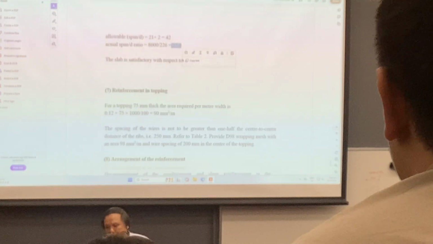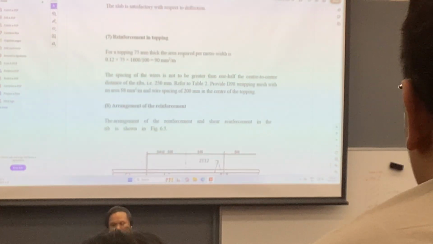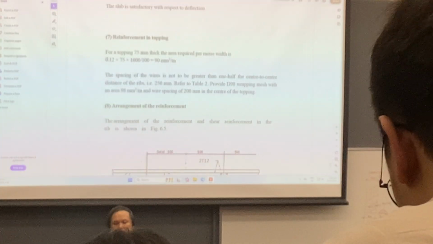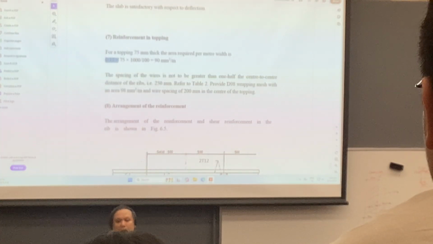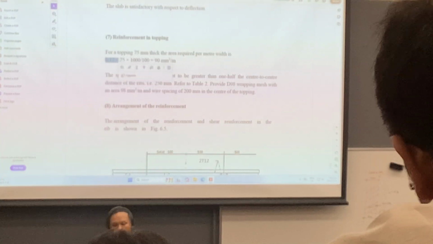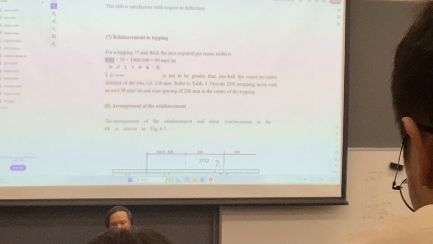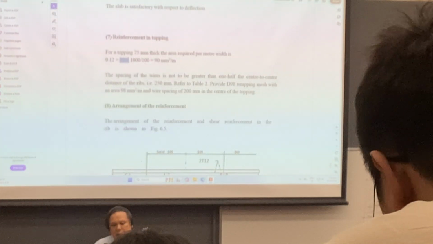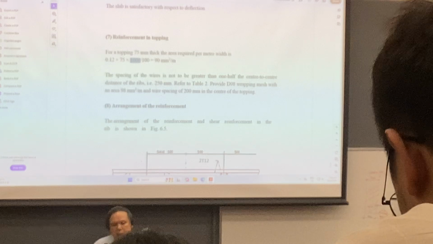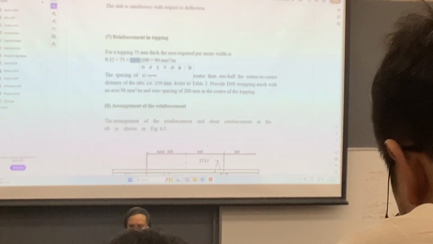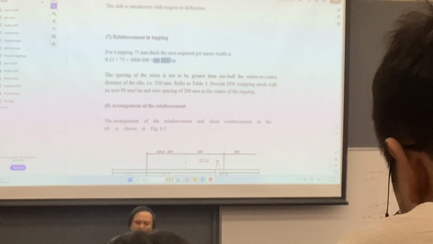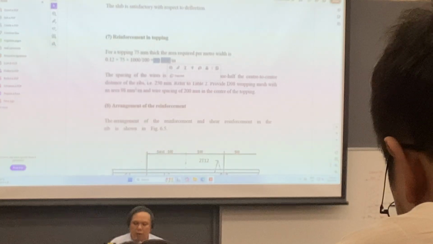For the topping, I think you still remember that we will usually put 12% of the reinforcement as the wire reinforcement in the topping. So you have 0.12, and then times 75 is the depth, and then we assume that it is a 1 meter strip. So we will provide 90 mm square per meter, okay?